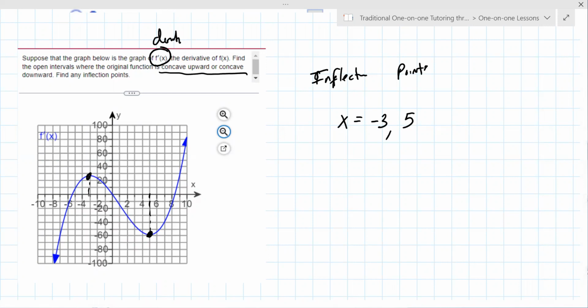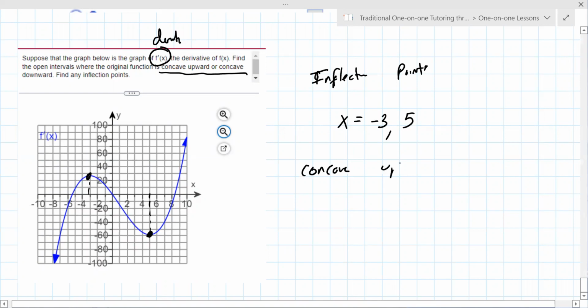Okay, so now to figure out where it's concave up, when you're looking at the derivative, this is always confusing. It's where the derivative is going up and to the right. So in this region, it's going up and to the right. So that's concave up.